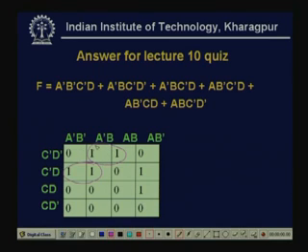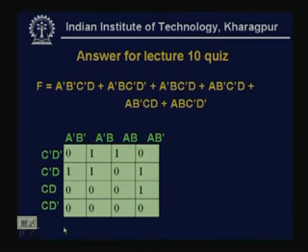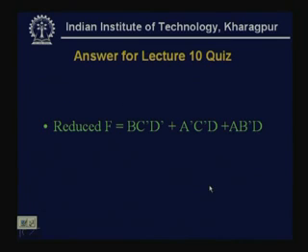So, this is actually a redundant one, and we can easily reduce it, and that is why there are only 3 terms. This term is for A B dash D. So, we got the expression A B dash D, and for the previous 2 couples, B C dash D dash plus A dash C dash D.